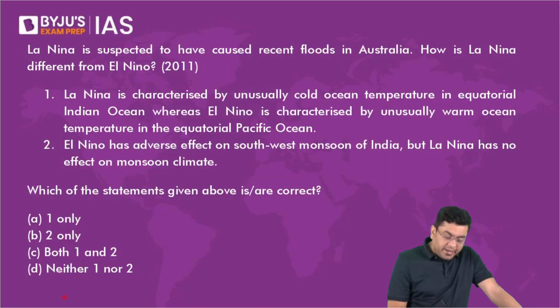La Nina is characterized by unusually cold ocean temperatures, whereas El Nino is characterized by unusually warm ocean temperatures. El Nino has adverse effect on southwest monsoon, but La Nina has no impact. So again, read the statements very carefully and then arrive at your answer.